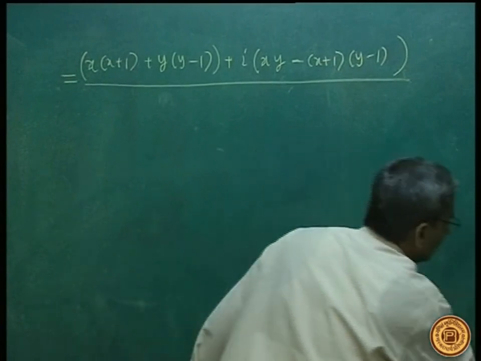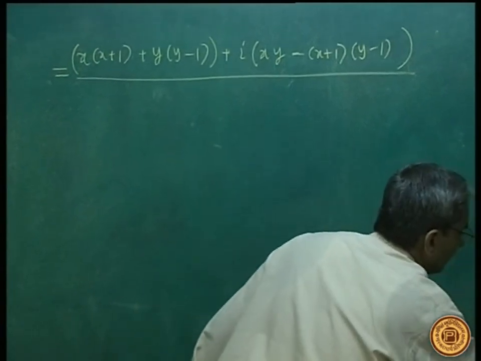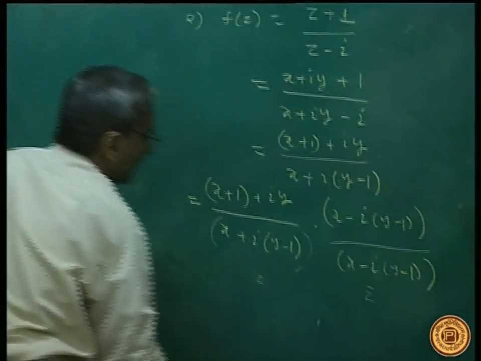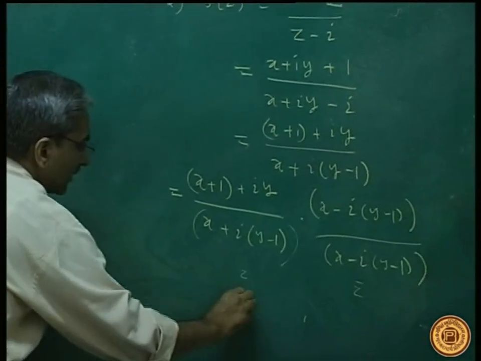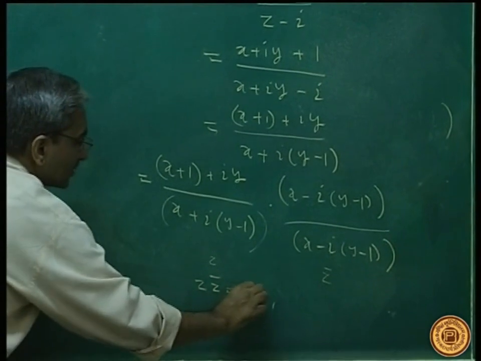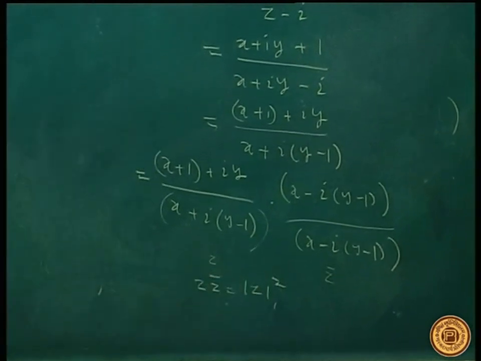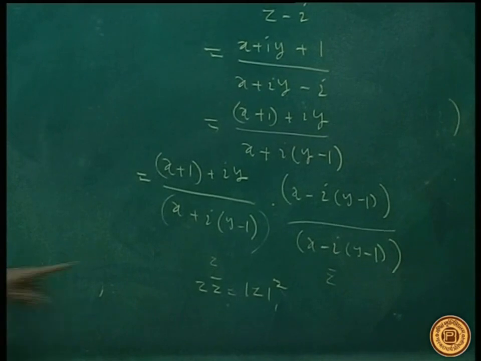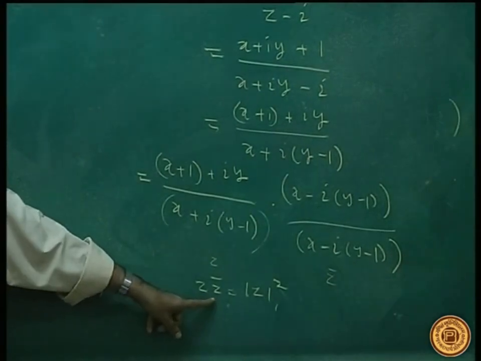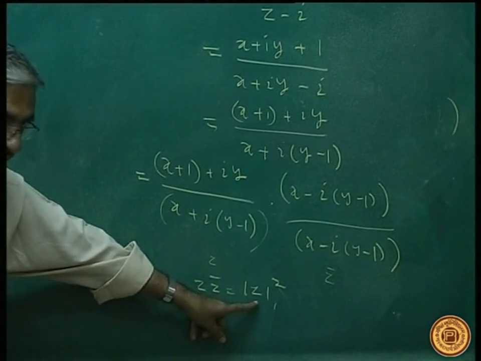And the denominator is z and then its conjugate, z bar. So what is z into z bar? z into z bar is always mod z square, you know this. This is (x plus iy)(x minus iy), so it is x square plus y square.